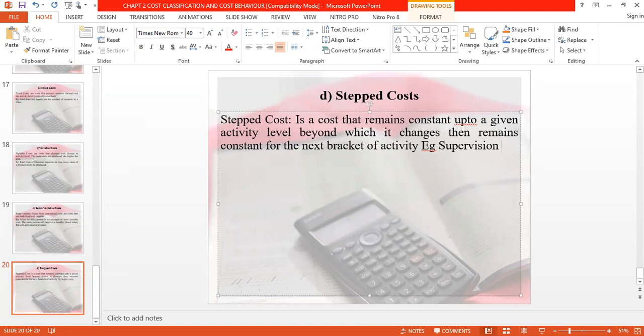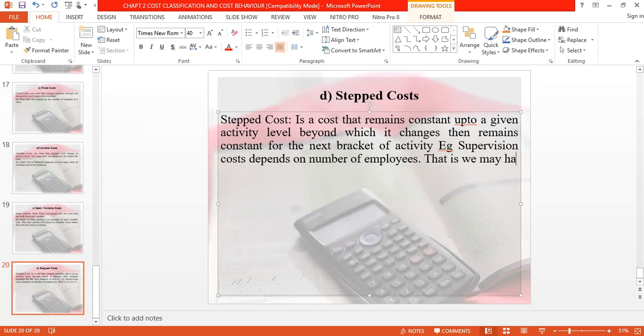Supervision costs depend on the number of employees. That is, we may have one supervisor for a maximum of 10 employees.